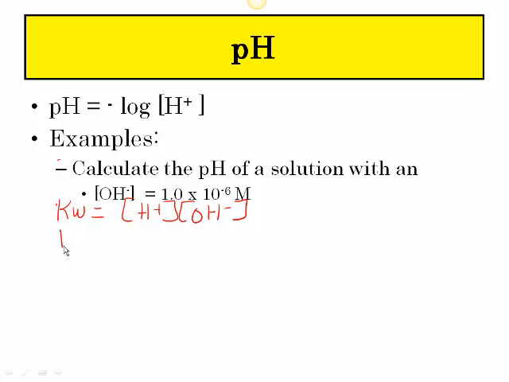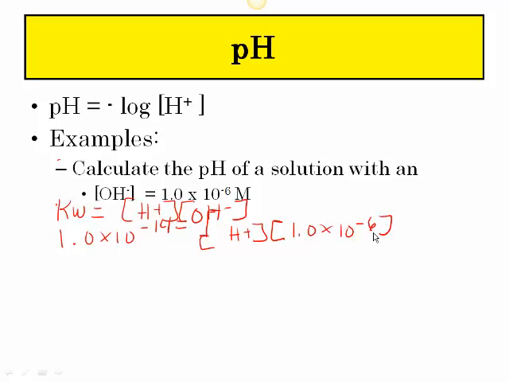And so we know that that's 1.0 times 10 to the negative 14th. So we don't know our H plus. They gave us our OH.